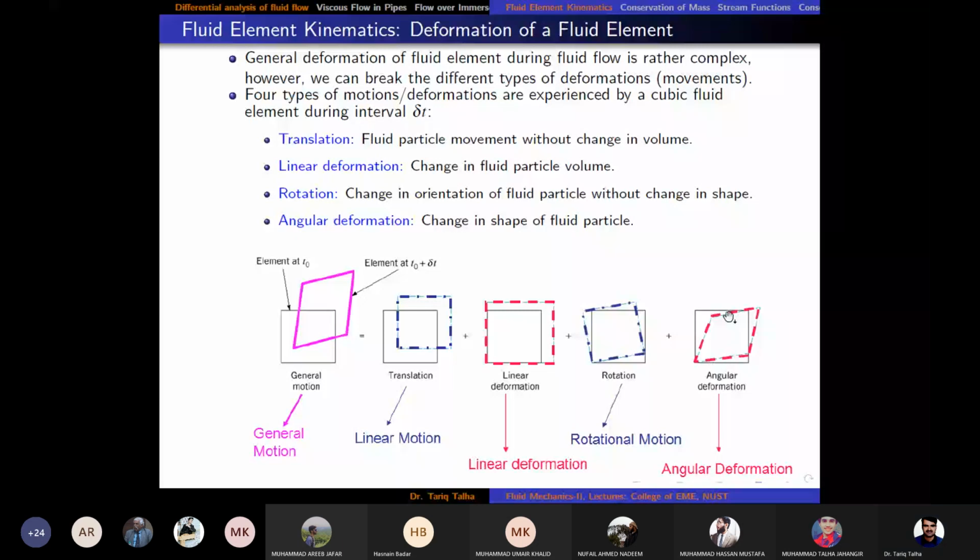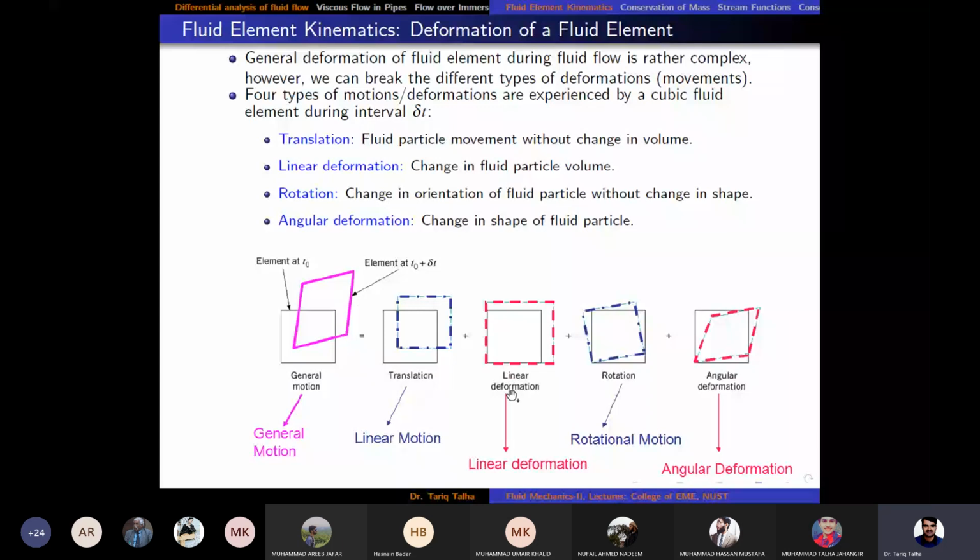Translation and rotation, these two types of deformation are rigid body deformation, meaning the whole body has been either translated or rotated, but the shape and the volume haven't changed for both the translation as well as the rotation.